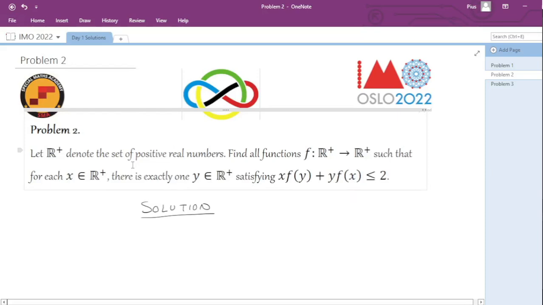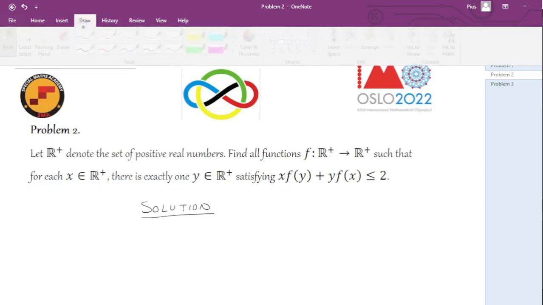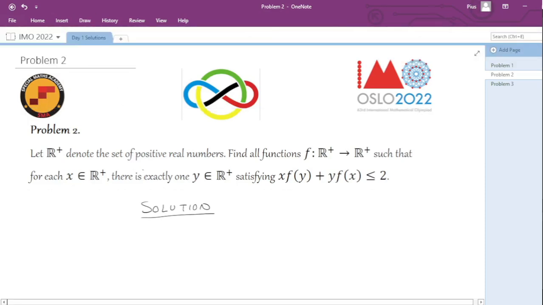This video we're looking at IMO 2022 problem 2. So this is an algebra problem, a functional equation, and we just need to point out some things.